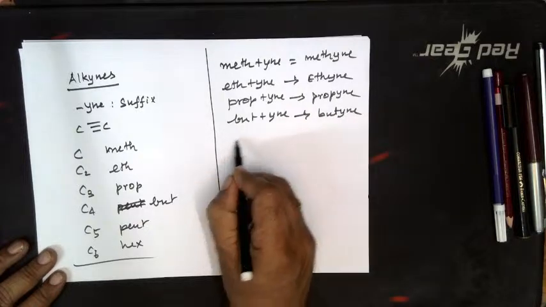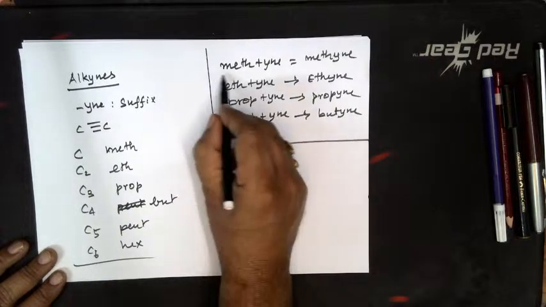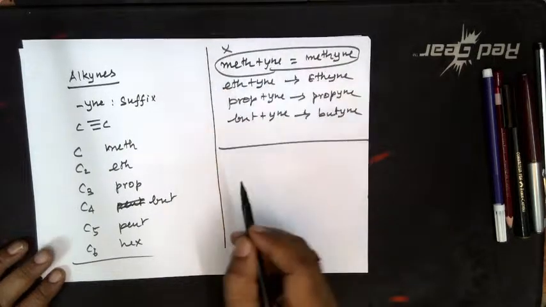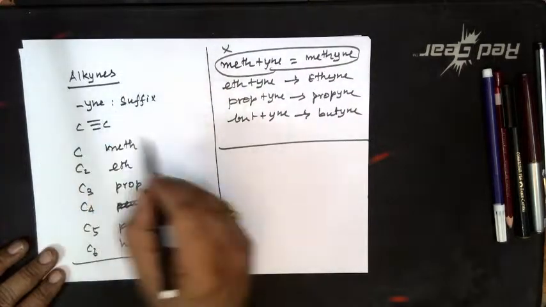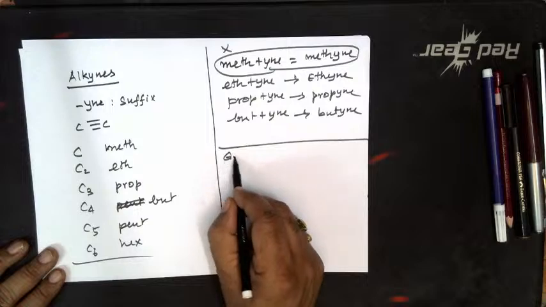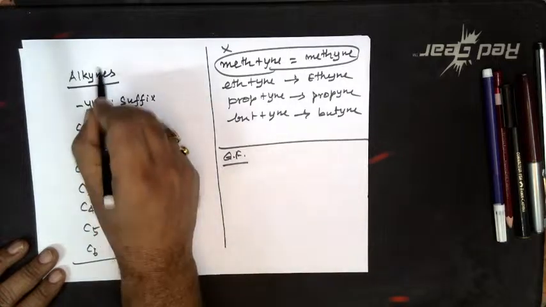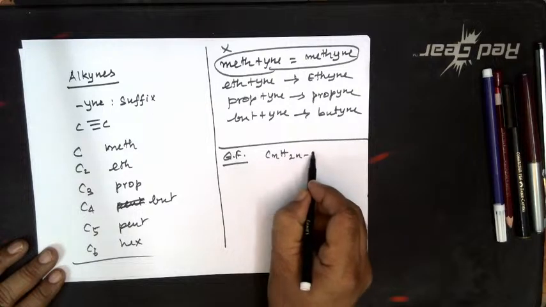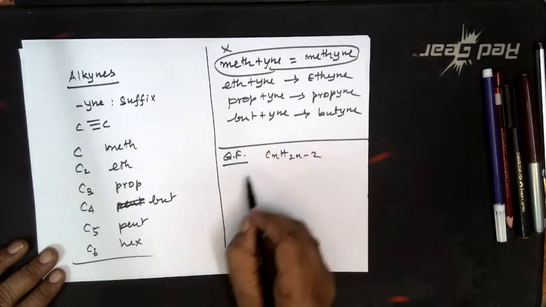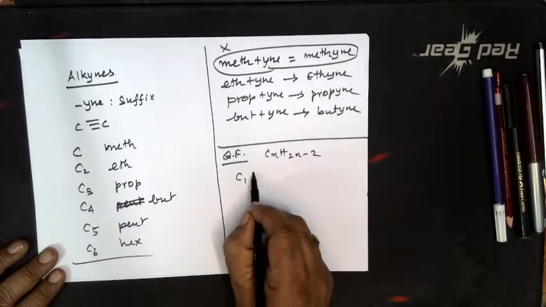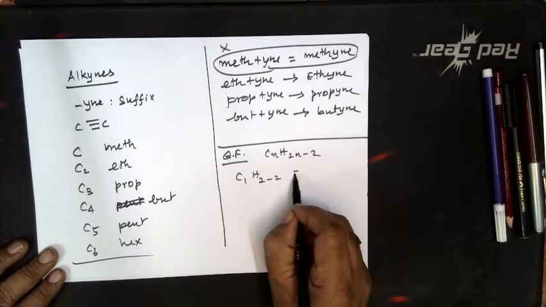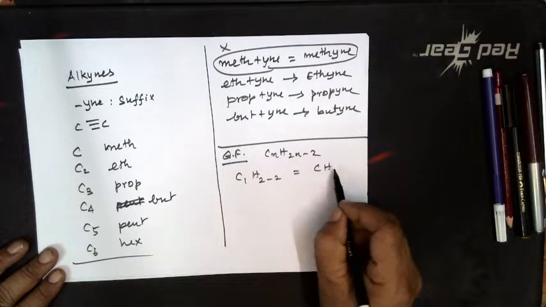Now the problem here is that methyne is ruled out. This is not possible. Do you know why? Let us consider the general formula. The general formula for alkyne is CnH2n minus 2. If there is only 1 carbon, put n equal to 1, and 2 into 1, 2, minus 2 gives CH0.